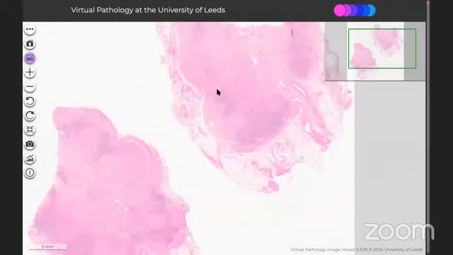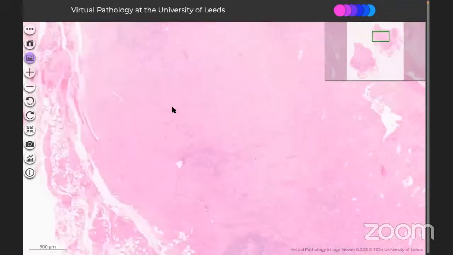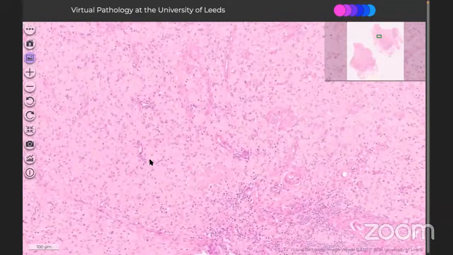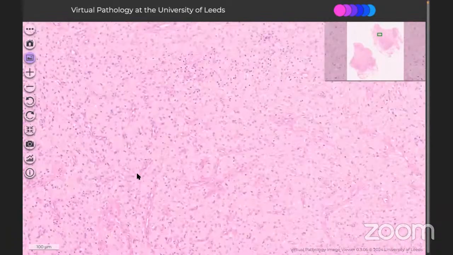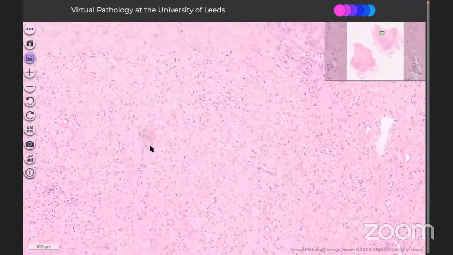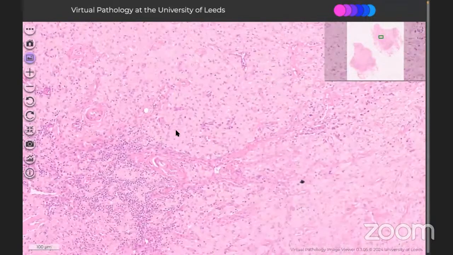So if we go down to the lymph node on higher magnification, we can see sheets of epithelioid cells, macrophages with a voluminous amount of cytoplasm.